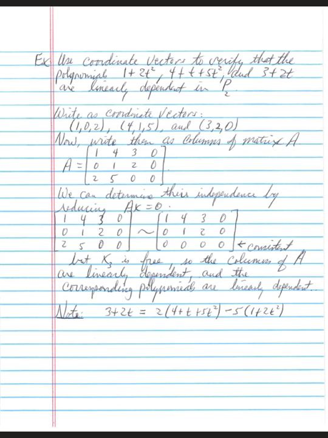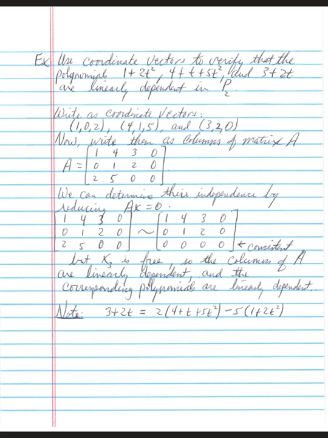All right, let's write these as coordinate vectors. The first one has a constant, no linear, and 2 is the coefficient of the quadratic. So 1, 0, 2. 4 is the constant, 1 for the linear coefficient, 5 for the quadratic coefficient. So 4, 1, 5. And finally 3, 2, no quadratic, so the third entry is a 0.